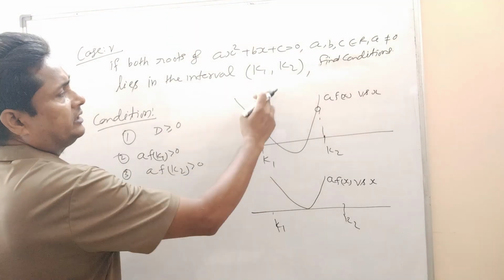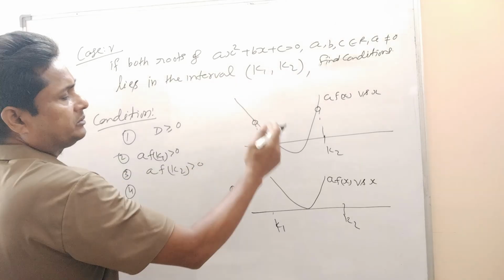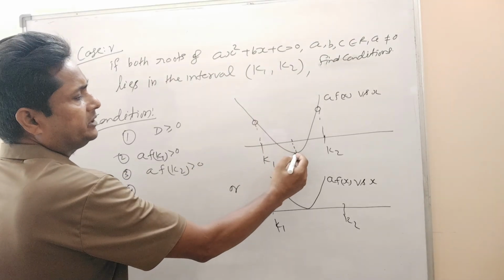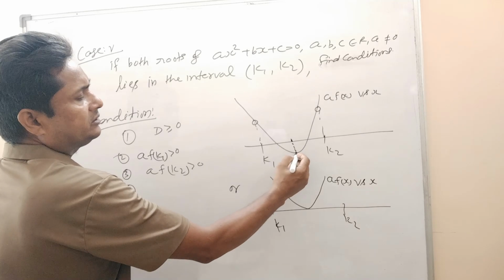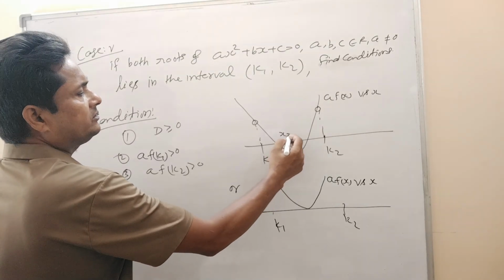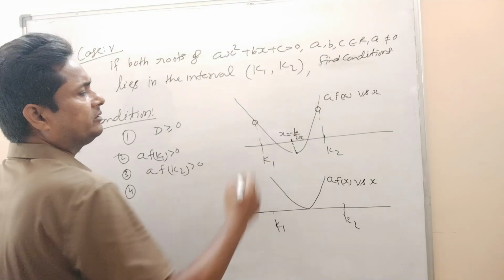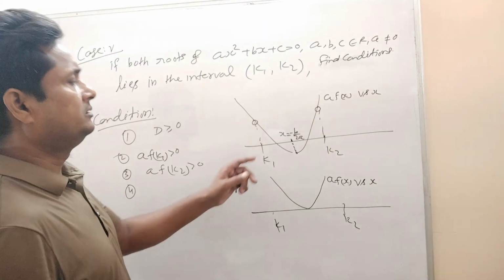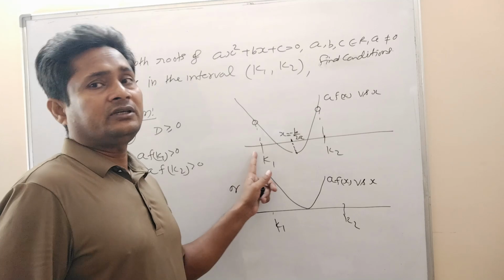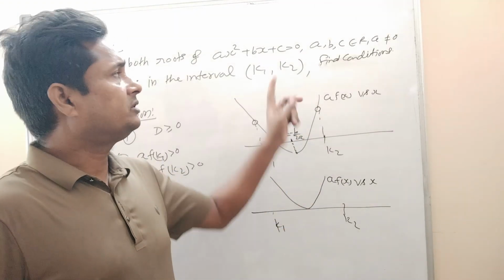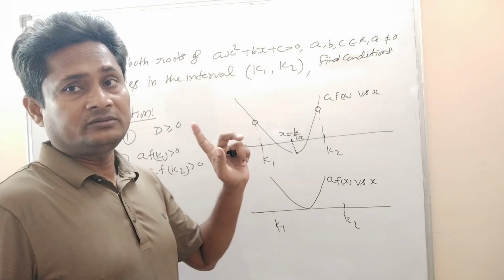K1 is smaller than K2. We know that in between, this is the point where x is equal to minus b by twice a. So we have to restrict that K1 should be this side and K2 this side, because K1 is less than K2.